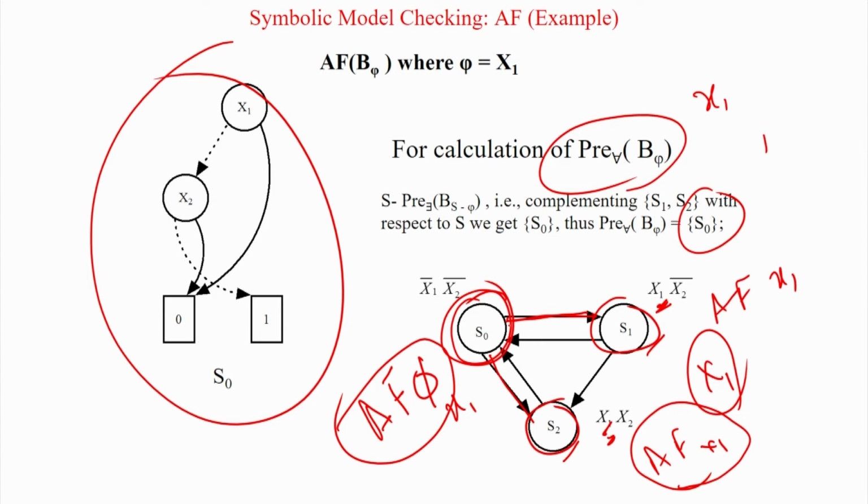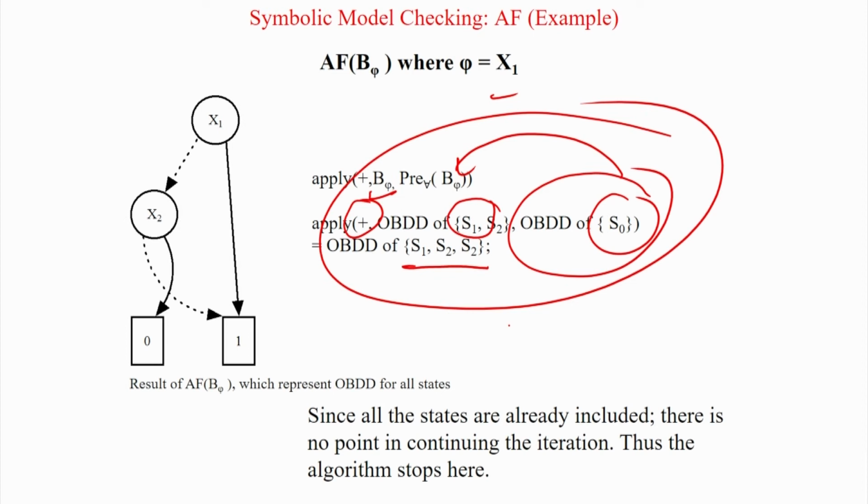So, if we make a union of this, we get the answer S0, S1 and S2. Slight typing error. So, all the states will be included over here.